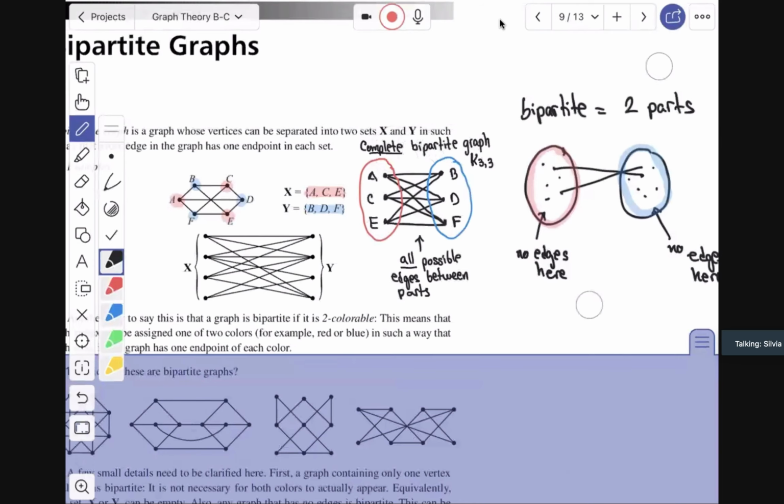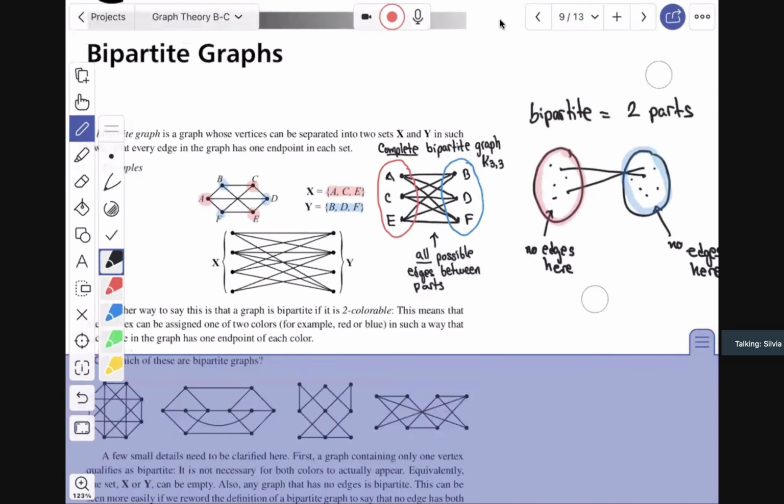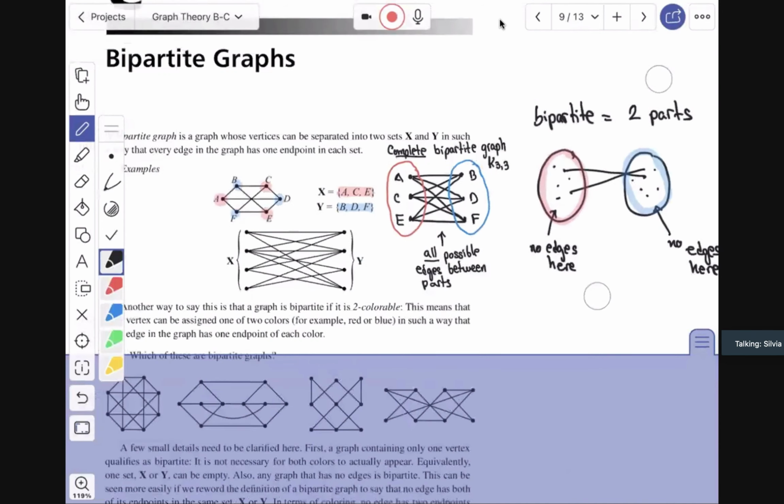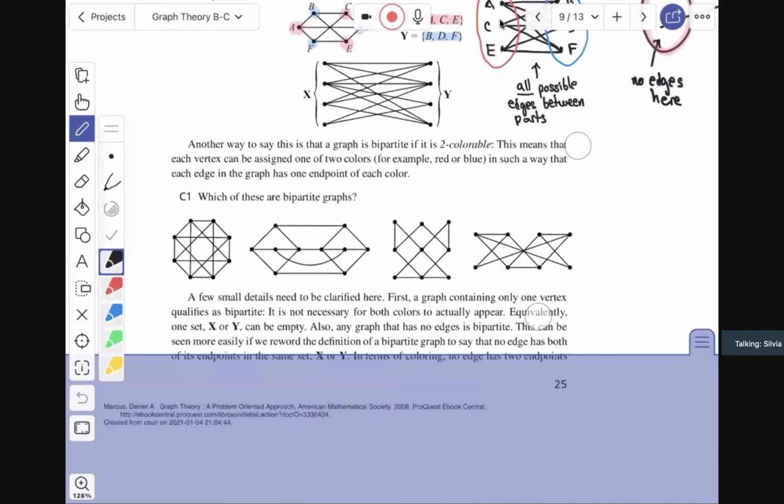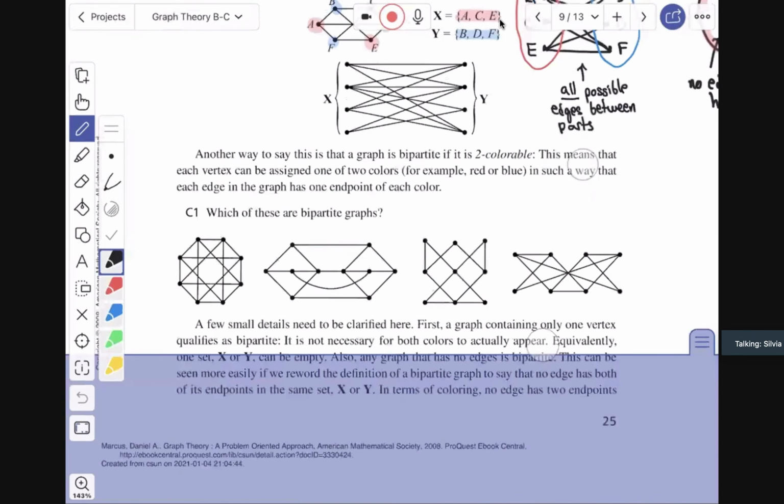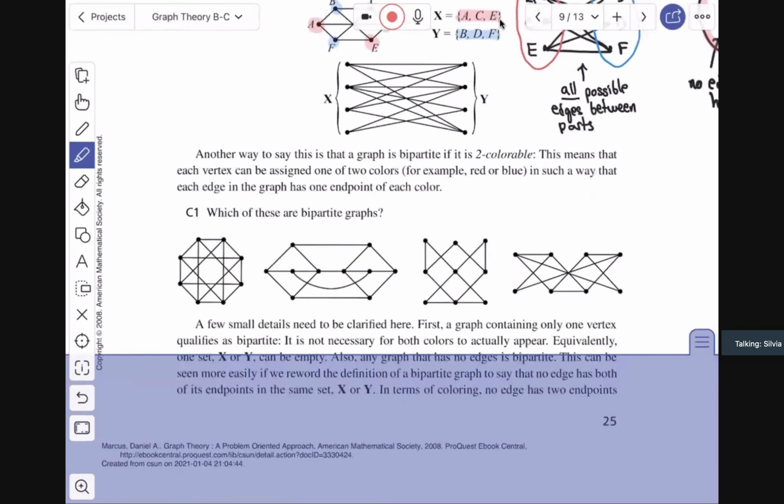All right. So let's look, for example, at C1. Which of these are bipartite? We can try that trick of coloring the vertices with 2 colors and see if we don't get any contradictions. So just start with any vertex you want. Every vertex that's adjacent to it, I just follow all the edges that come out from that vertex.